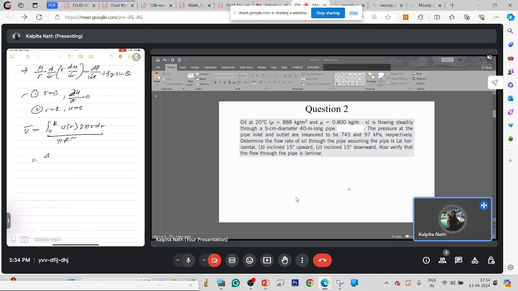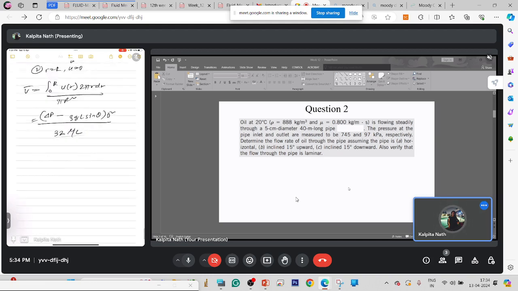If you solve it, this will be (delta p minus rho g L sine theta) D square upon 32 mu L. This is the average velocity, and the volumetric flow rate will be (delta p minus rho g L sine theta) pi D square upon 128 mu L. This is what we will use in this problem.